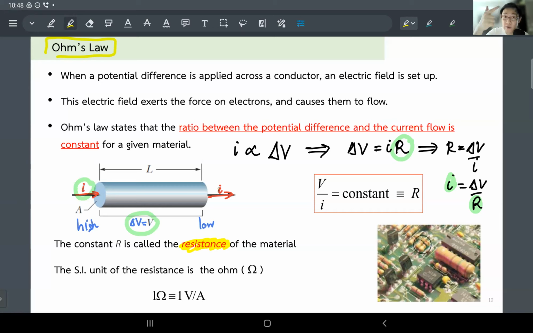The ratio gives you the resistance. So the unit of the resistance is going to be volts per amp. And we have a special name for that. We call it ohm.